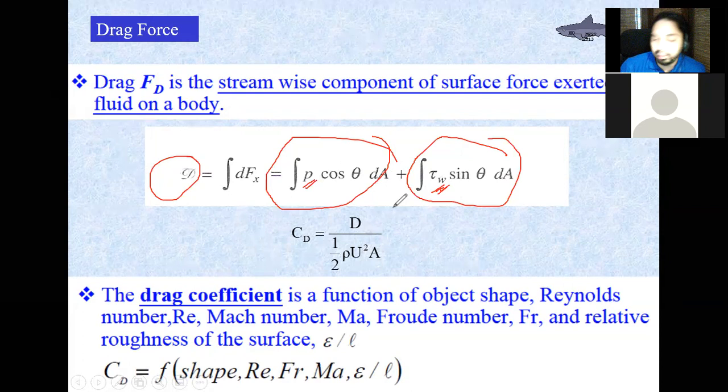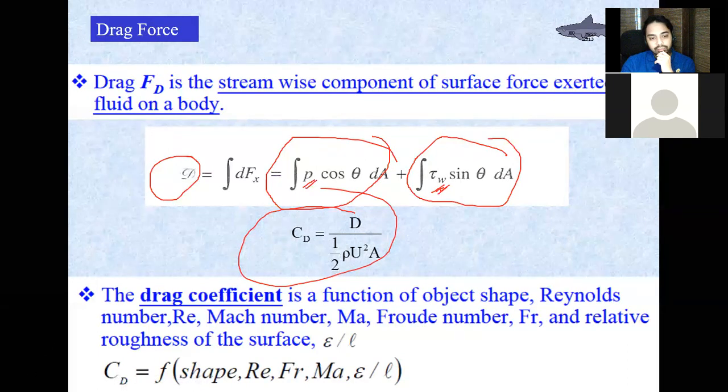and then obtain CD, the drag coefficient, which sums up all the parameters affecting the drag of the body.